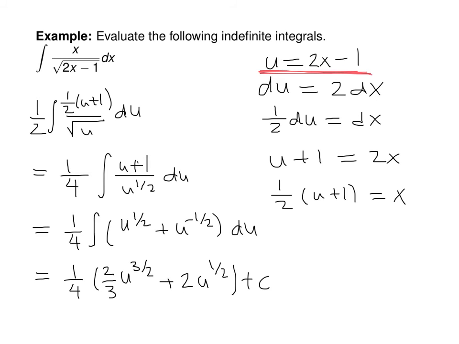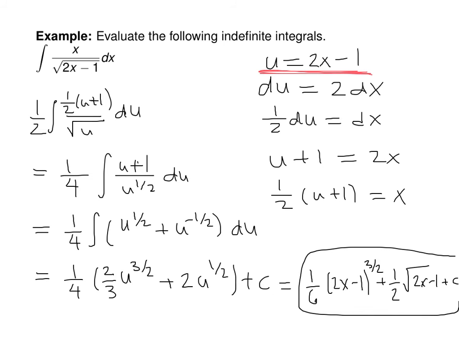I'm going to distribute my 1/4, cancel, and reinsert my u. So we'll have 1/6 times 2x minus 1 to the 3/2 plus 1/2 root 2x minus 1, plus c. That is the trickiest that a u substitution is going to get generally.